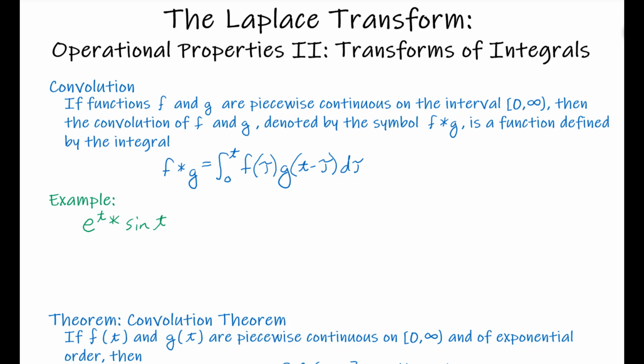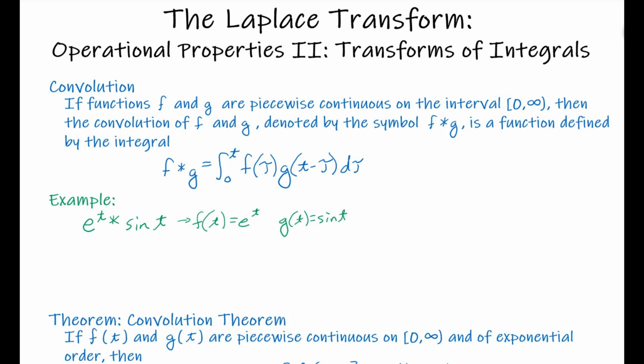So let's first take a look at what the convolution of e to the t and sine of t is. In order to use the definition nicely, we need to identify an f and a g function. So we'll use f of t equals e to the t, and g of t equals sine of t.